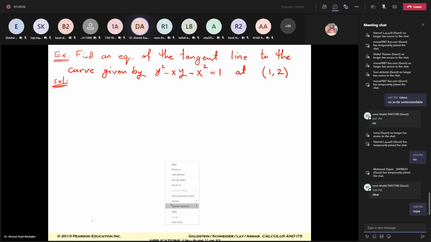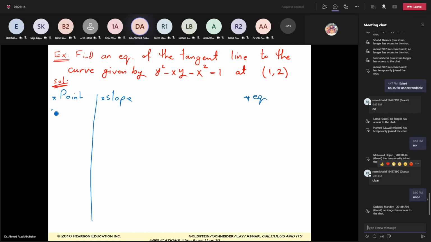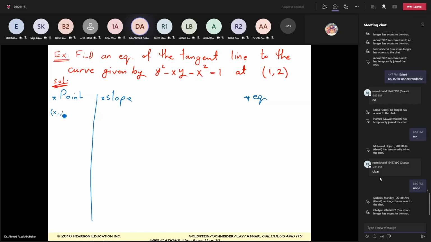Find the equation of the tangent line at the given point. The point is already given, x1 and y1 equal 1 and 2. This is the point given in the example.